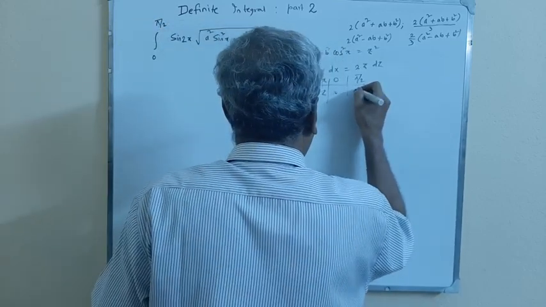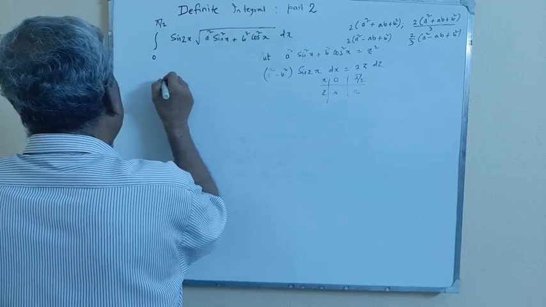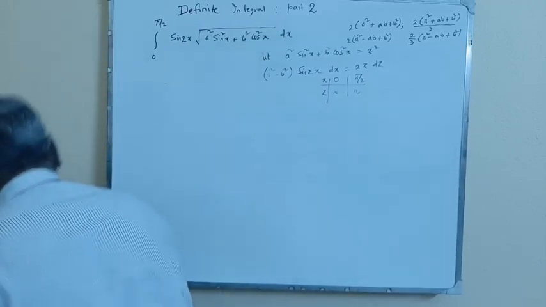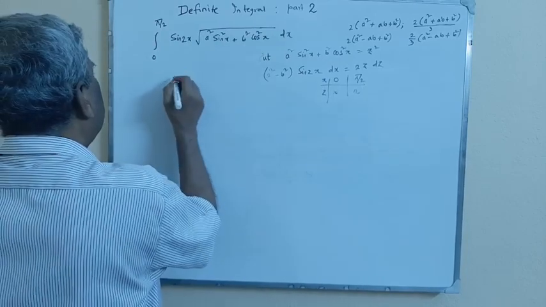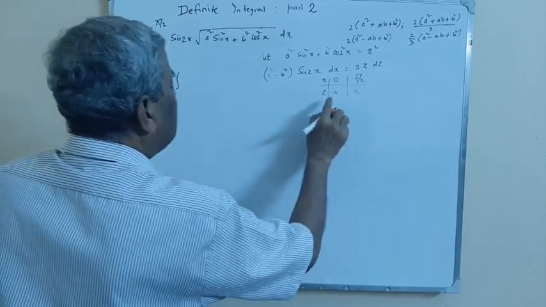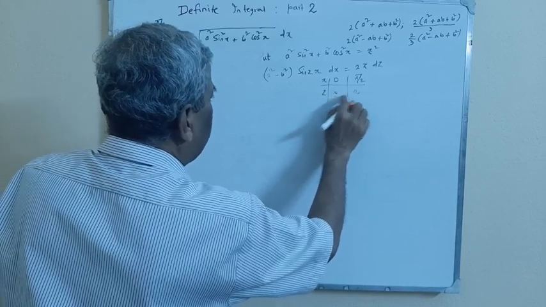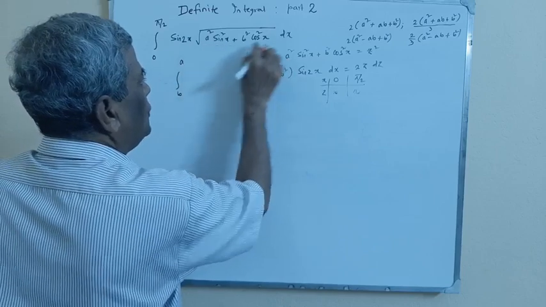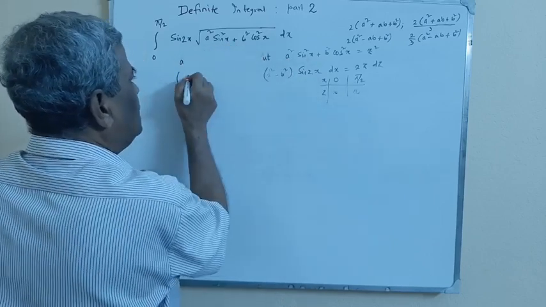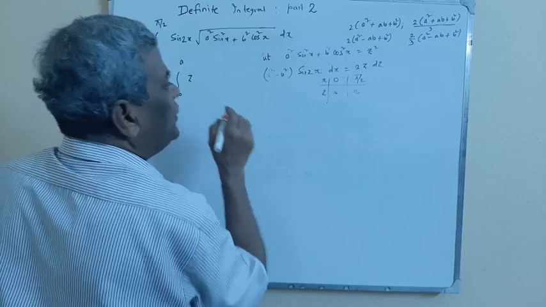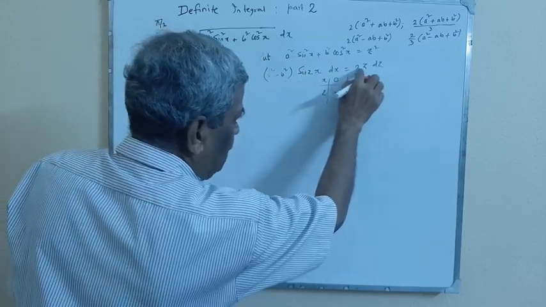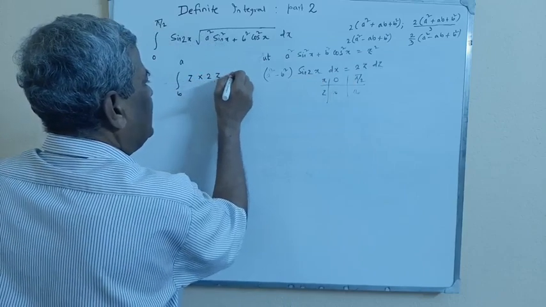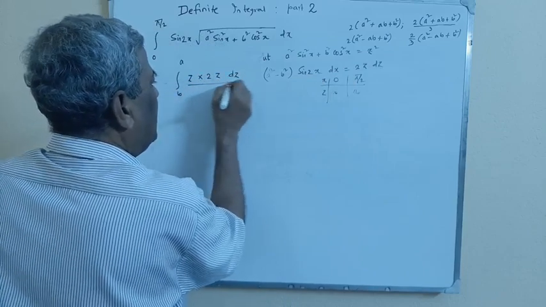So this is equal to the integral with limit of z from b to a. The square root of z square is z, and sine 2x dx is equal to 2z dz by a square minus b square.